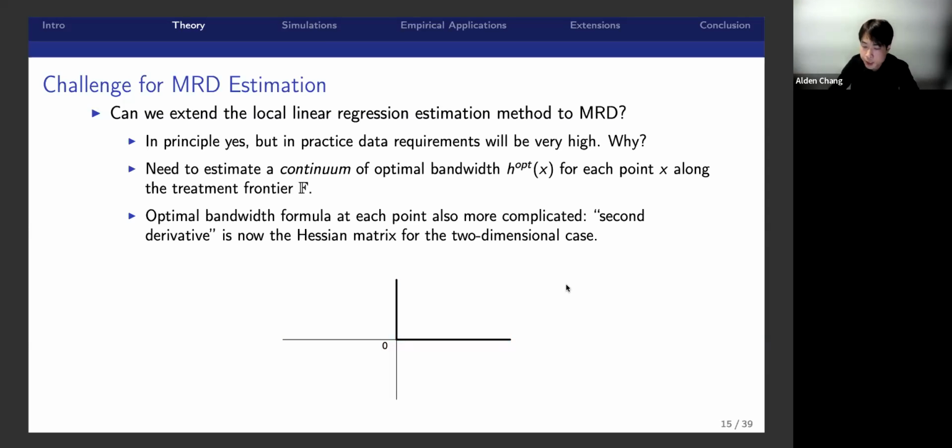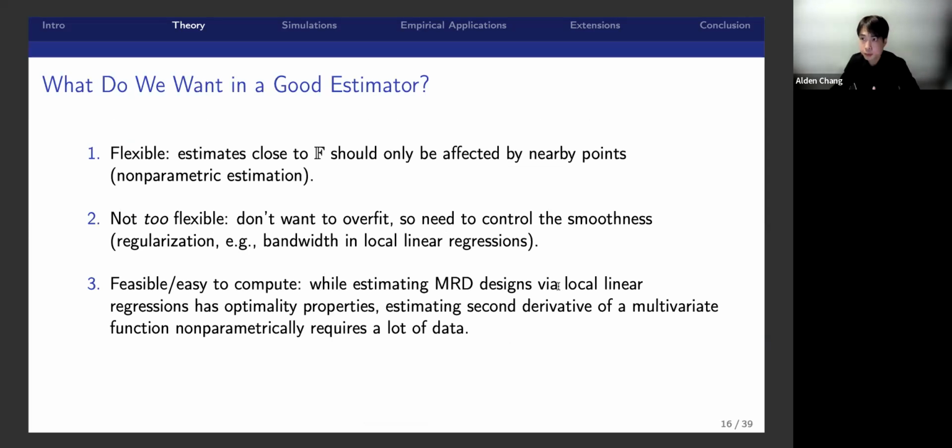This is unlikely to work well if we don't have a lot of data. So to recap, what we want in a good estimator in the MRD case is, first, it should be flexible. So estimates close to the treatment frontier should not be affected by points very far away. Second, we don't want it to be too flexible. We don't want to overfit.